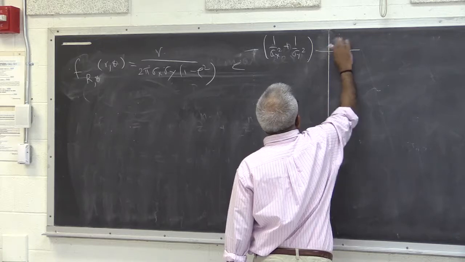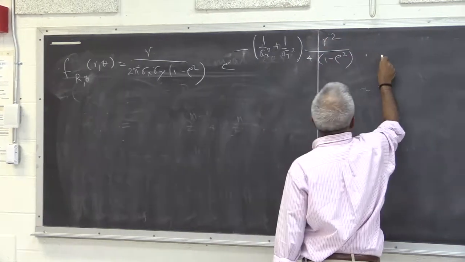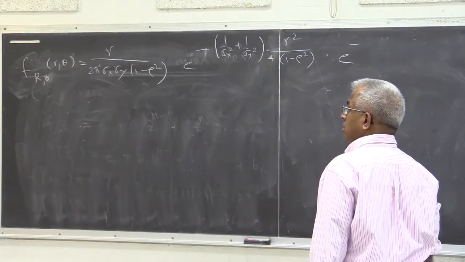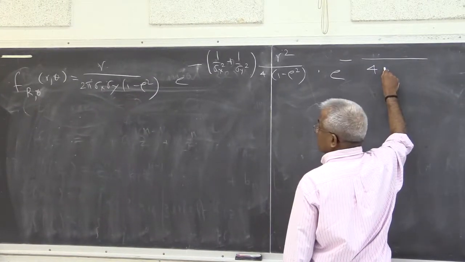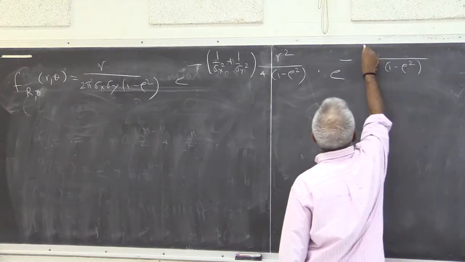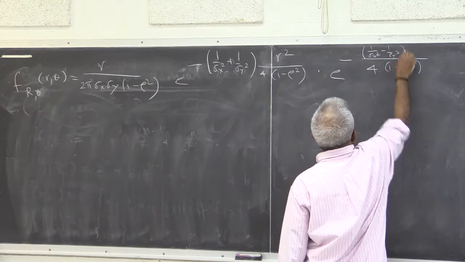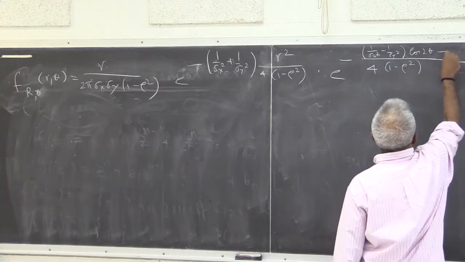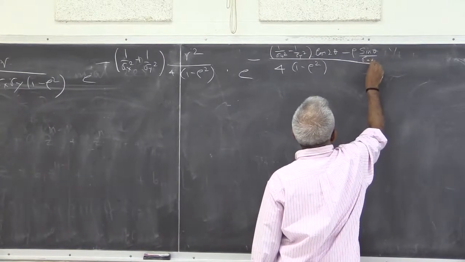So here you have r squared, here you have 4 multiplied by 1 minus rho squared, multiplied by another exponential term. It's 1 over 4, 1 minus rho squared, and on the numerator you have 1 over sigma x squared minus 1 over sigma y squared, cos 2 theta minus rho sine 2 theta divided by sigma x sigma y.